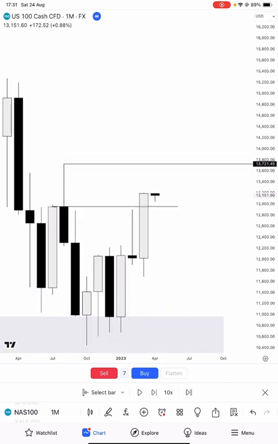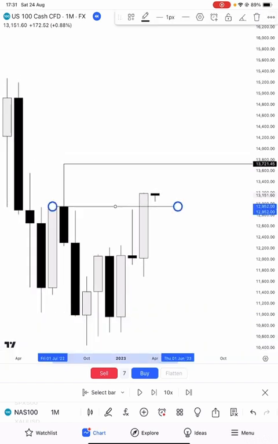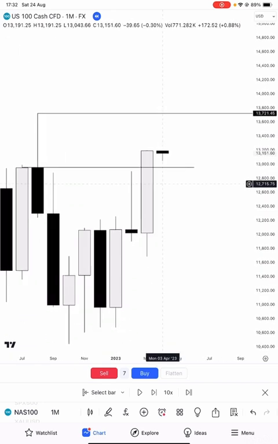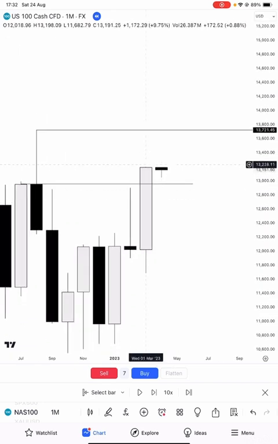That's how you frame a bias, and in this case I want to frame the monthly bias, just to know. So let's remove this. Okay, so what's the bias for the next month?